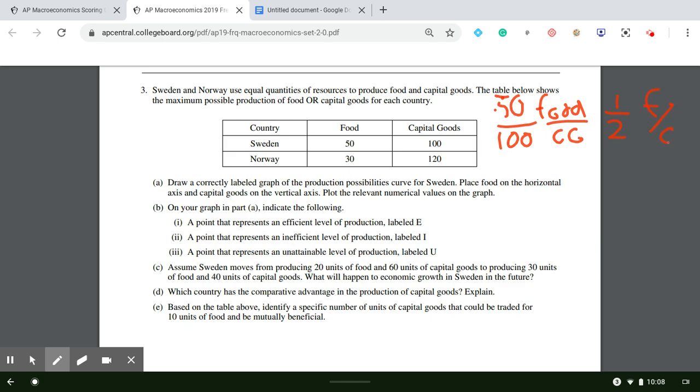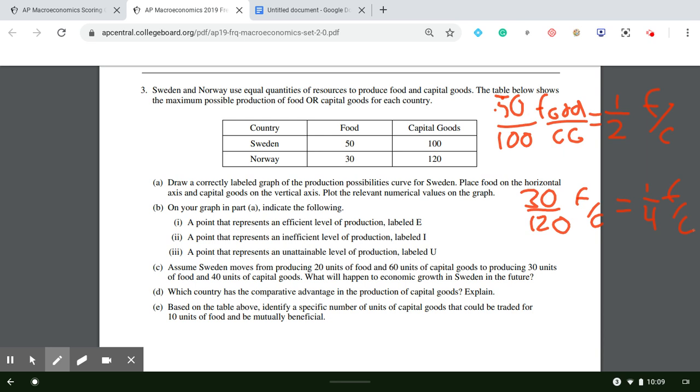Versus Norway, 30 food per 120 capital goods, which is going to equal 1/4. So Norway actually has the lower opportunity cost. They only give up 1/4 of a unit of food per capital good, whereas Sweden gives up 1/2 a unit of food per capital good.